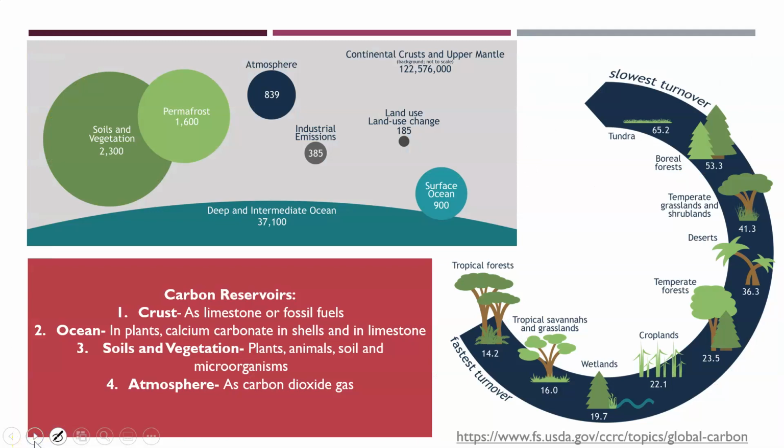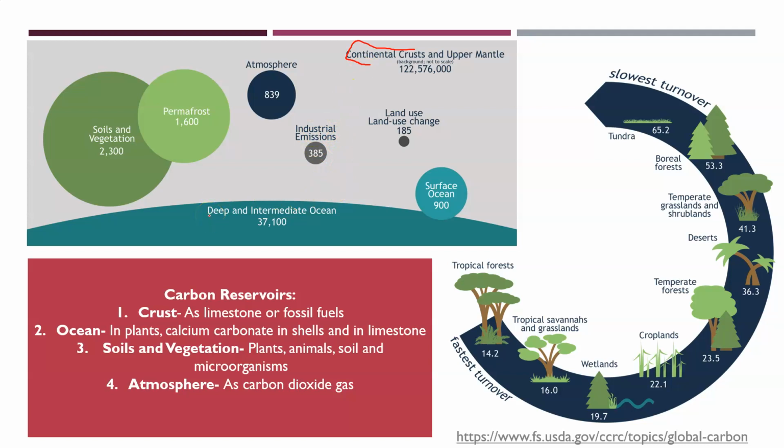So it's important to know where carbon is stored. There are four main reservoirs of carbon. The largest one is the crust. We have a lot of carbon-containing sediments and rocks, such as limestone or fossil fuels. The next largest is the ocean.